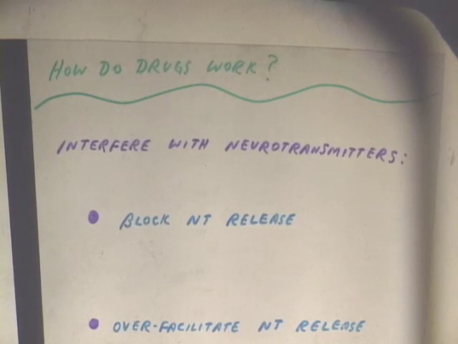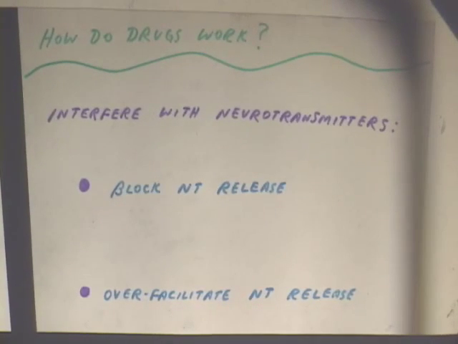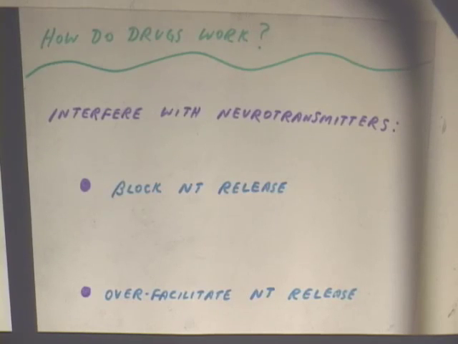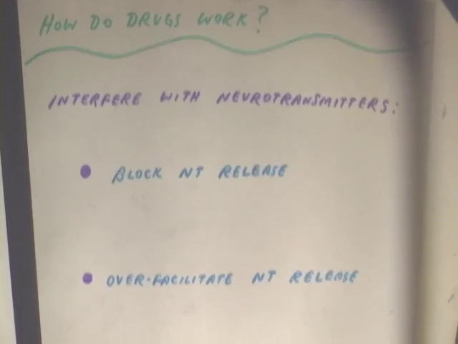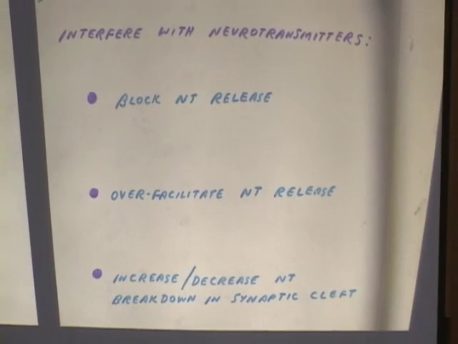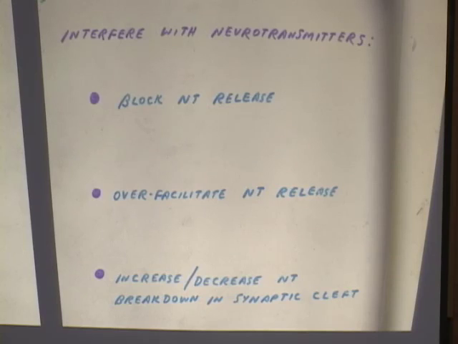You can over-facilitate neurotransmitter release. So you could cause maybe the calcium channels to be more responsive in those parts of the brain, the do-it-again centers, or the dopamine release centers or the serotonin release centers. Or you could figure out ways to increase or decrease the breakdown of the neurotransmitter in the synaptic cleft. So as I said, if you inhibit the enzyme, the neurotransmitter will stay there for a longer period of time.